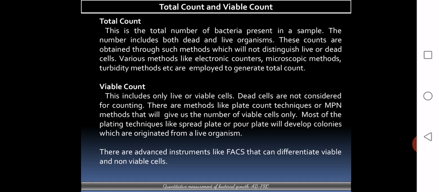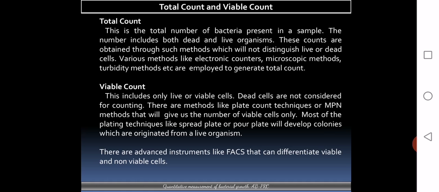This is because certain techniques, mostly microscopic techniques like staining and microscopy, and some machine-based counting techniques like electronic counters, rely on the particle. That means they do not check whether the cell is live or not. So in that situation, we usually get the number as a total count.